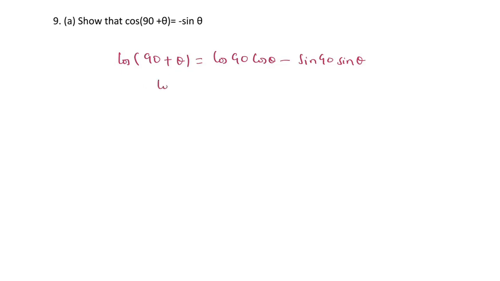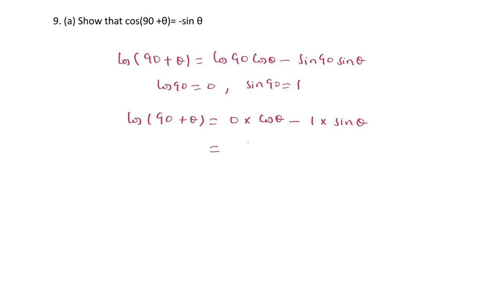We know that cos 90 equals 0 and sin 90 equals 1. Let us substitute these values. Then cos(90 plus theta) equals 0 times cos theta minus 1 times sin theta. Solving this, we have 0 minus sin theta. Solving further, we have negative sin theta. Hence, this has been shown.